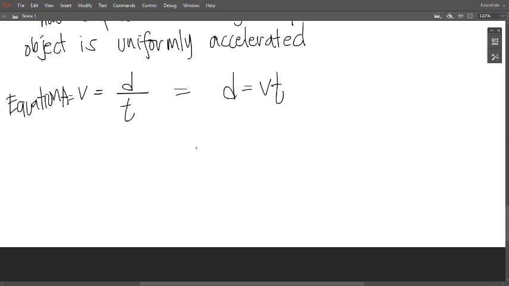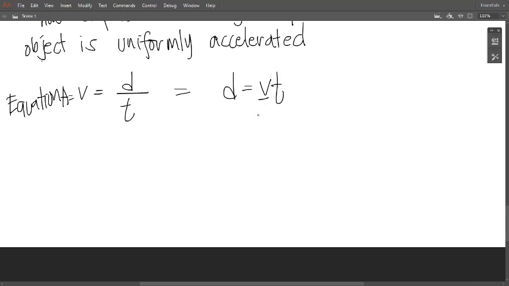Where's my cursor? Wait, there you are. Okay, so since the velocity of an object changes when it is uniformly accelerating, we use the average velocity to determine the displacement.